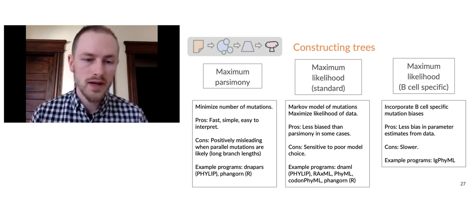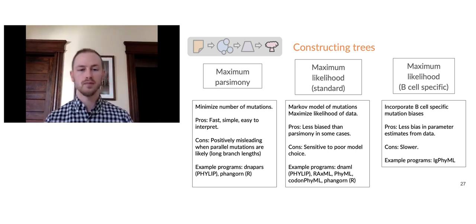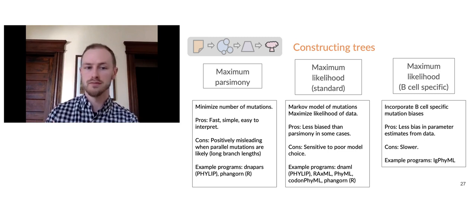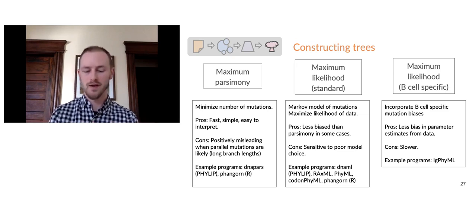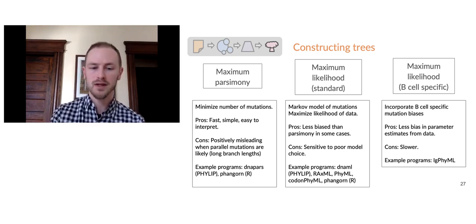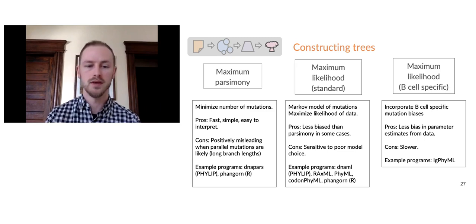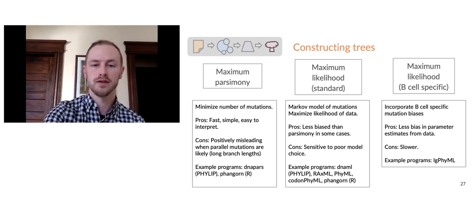The downside is that there are some instances where maximum parsimony can be positively misleading, such as when parallel mutations are likely. In those cases, you can very consistently get the wrong tree topology. Example programs for doing this are dnapars from the PHYLIP package and Dowser in the R environment.